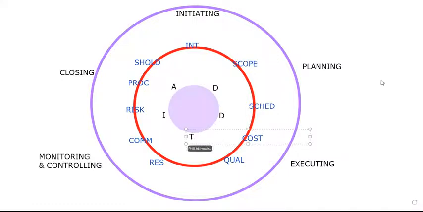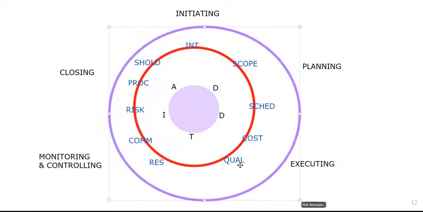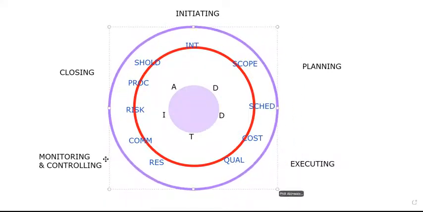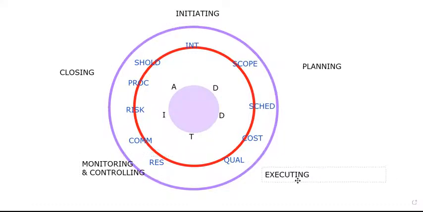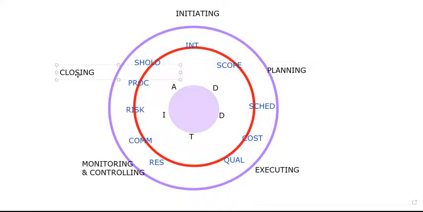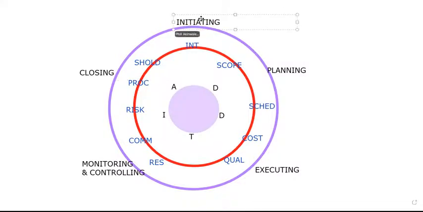Okay. Now, with all of this said, when you get a question on the exam, this nucleus is going to shrink and something else is going to take precedence. So we're going to shrink down the 5 process groups because the exam is not about the 5 process groups. The exam is about a higher order, a higher level of awareness and thinking.